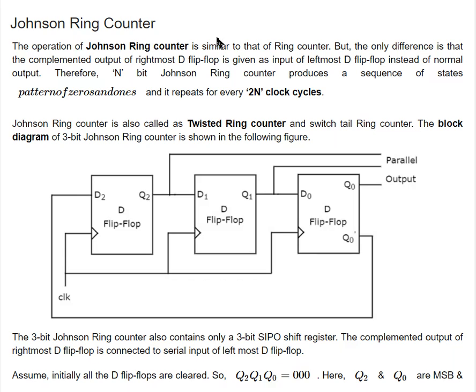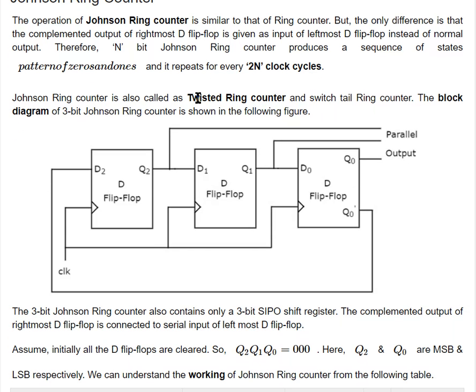The operation is similar to the ring counter, but the only difference is that instead of the normal output, the complementary output is assigned to the D flip-flop. It requires 2n clock cycles for repeating the operation. It is called a twisted ring counter because we are not giving the same output; we are giving the complementary output to the flip-flop.